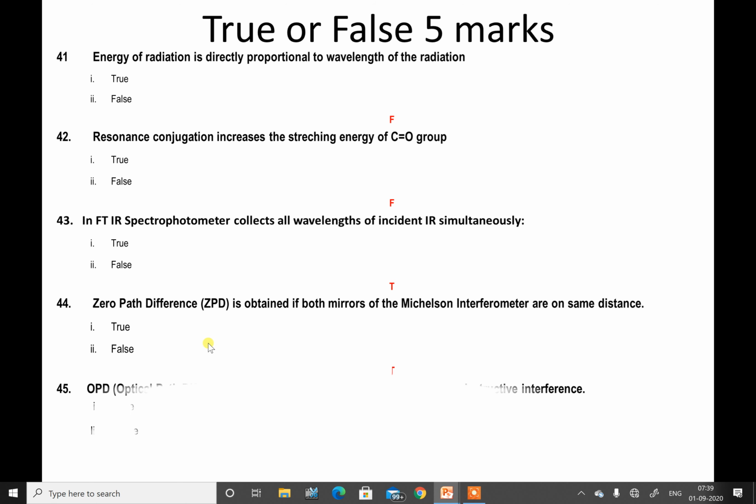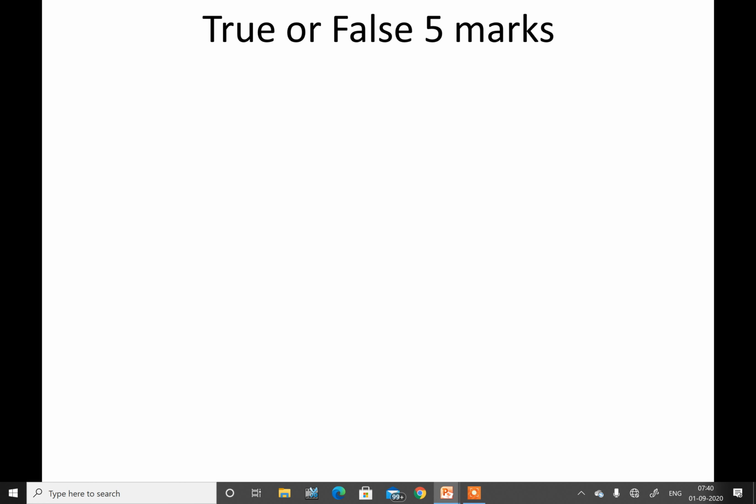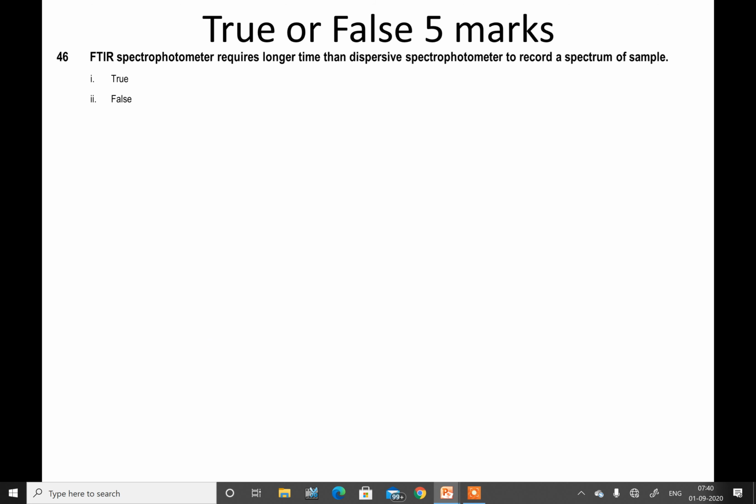Absolutely true. Optical path difference of half the multiple of wavelengths leads to destructive interference. True. FTIR spectrophotometer requires longer time than a dispersive spectrophotometer to record a spectrum of a sample. True or false?